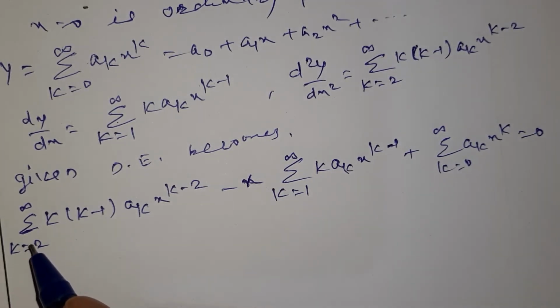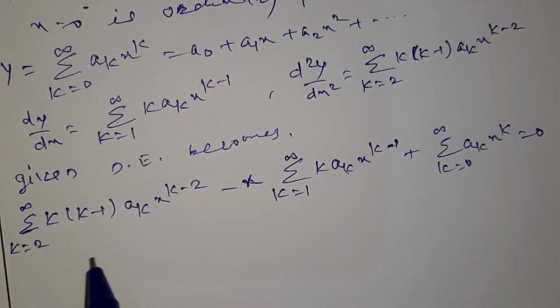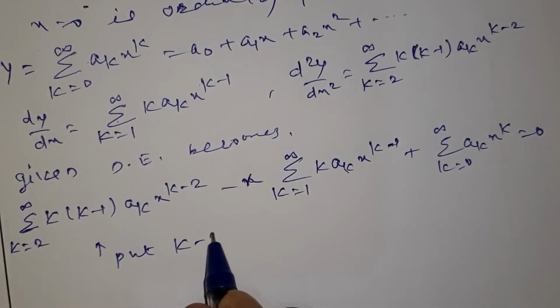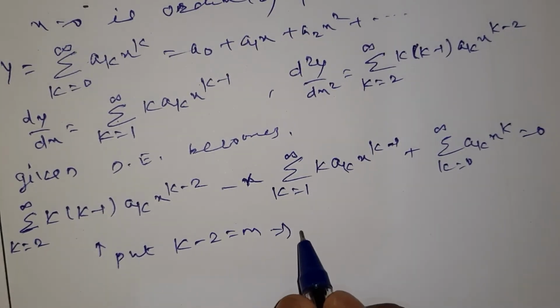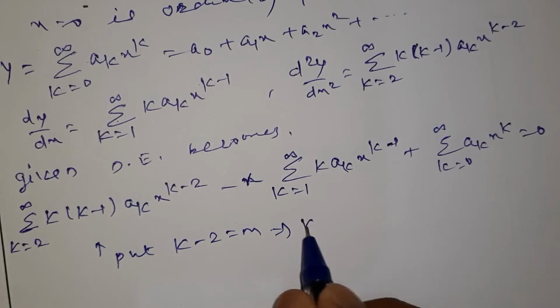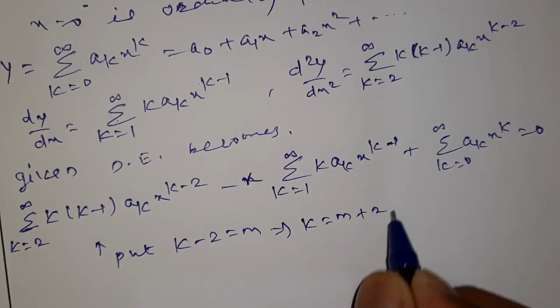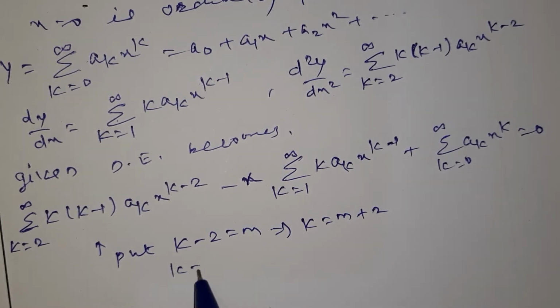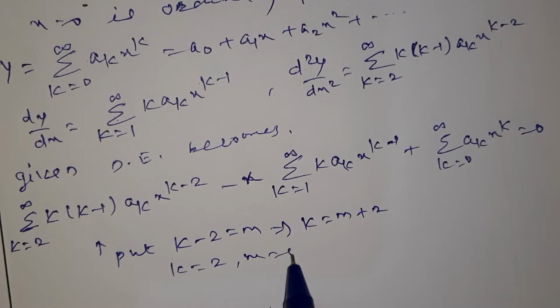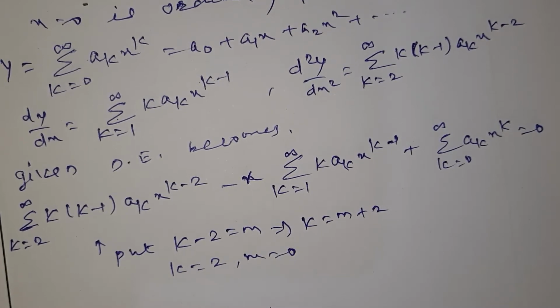In the first term, put k minus 2 is equal to m. So what is the value of k from this? k is equal to m plus 2. Now my k starts from 2, so 2 minus 2 is 0. So when k equal to 2, my m is 0. m starts from 0 to infinity.